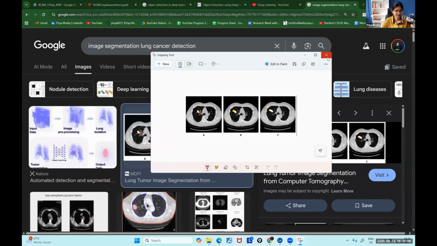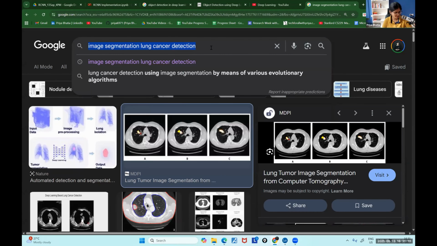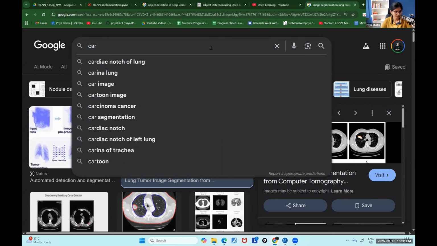Now we will see how this RCNN based network works and exactly where we have to use this. What is the meaning of region proposals over here? And for that, let me take the image of a car.